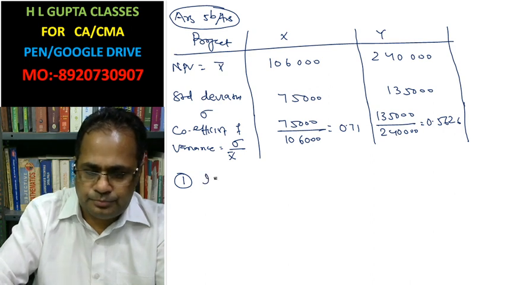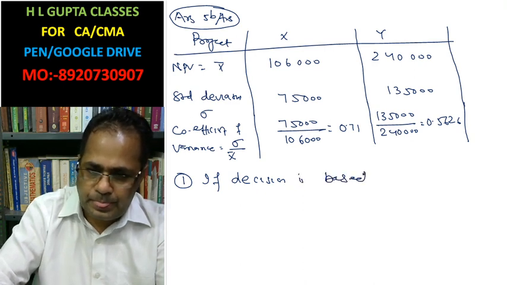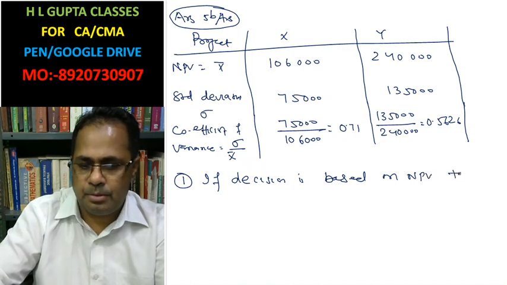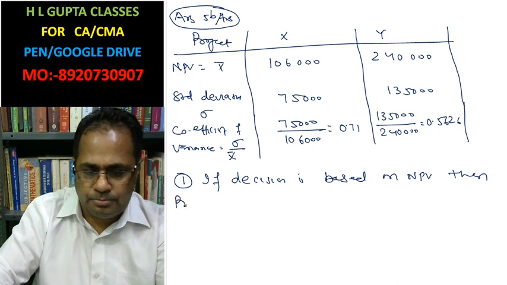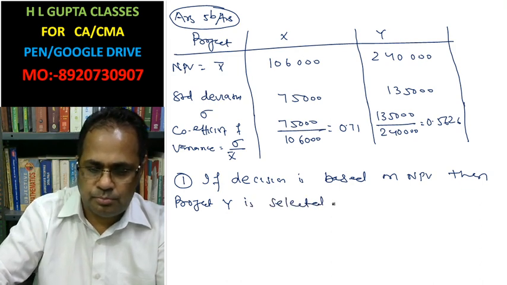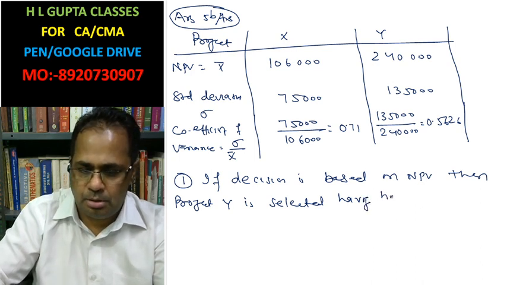If the decision is based on net present value, then project Y is selected, having high net present value.